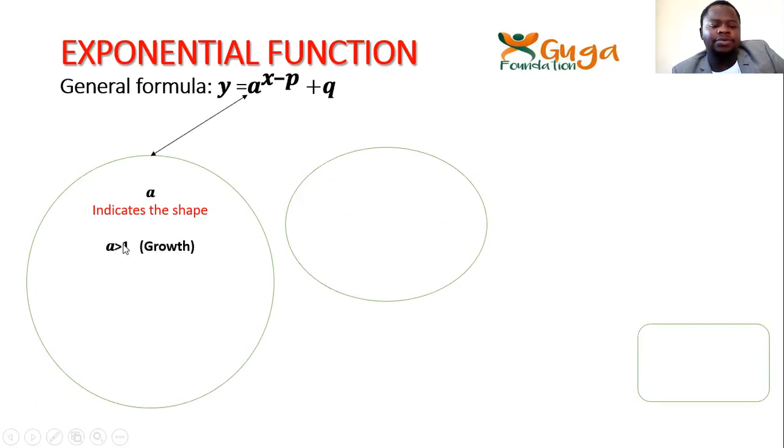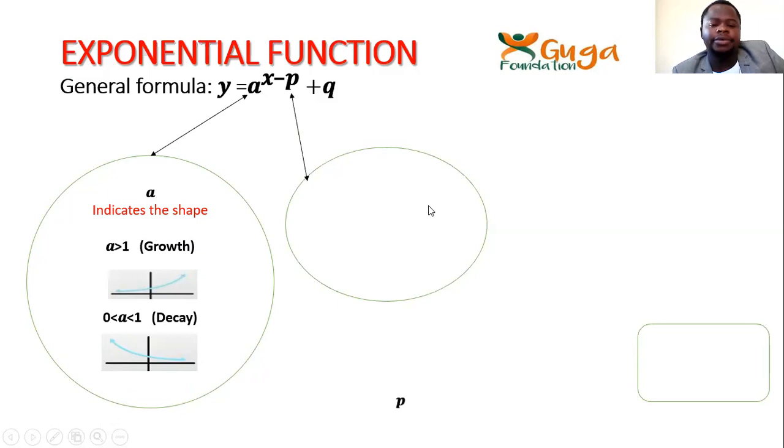If your a is greater than 1, you have got growth, or in other words, your graph is increasing. So it will be like this. And when your a is between 0 and 1, you have got a decay. So in other words, your graph is decreasing, so you have got a graph like this going down.